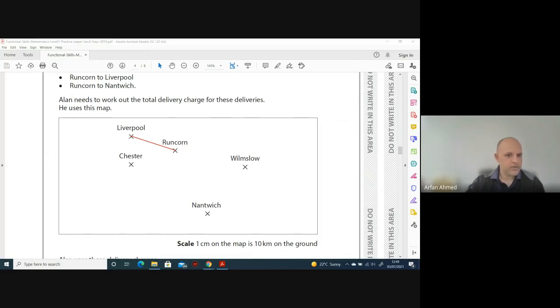Let's have a look at this. So if it's 2.5 centimeters, they've told us that 1 centimeter on the map is 10 kilometers on the ground. So 1 centimeter on the page is 10 kilometers in real life. So how many kilometers have we got? I like to use proportion. Whatever you do to one side, you do to the other.